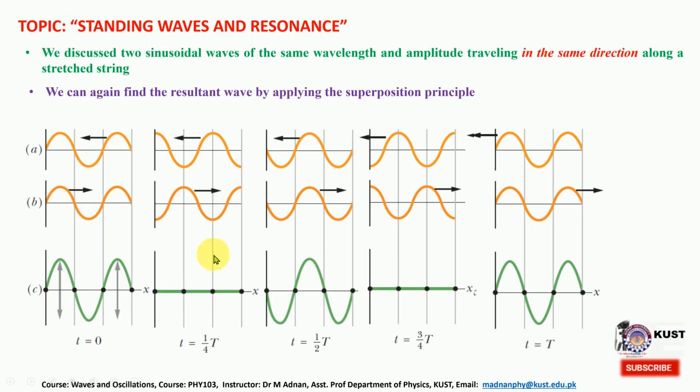So now, after this brief introduction to the resultant wave of two sinusoidal waves approaching each other with identical amplitude and wavelength, we will discuss the outcomes.